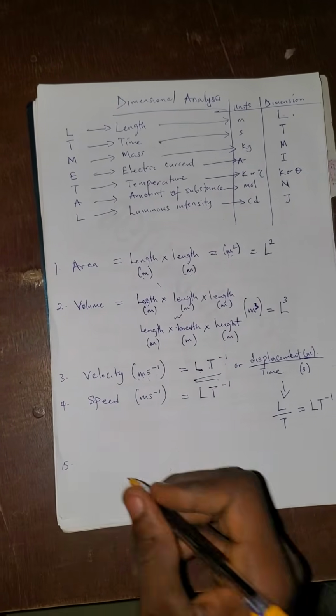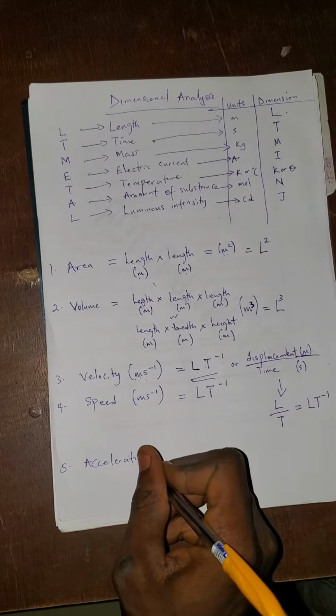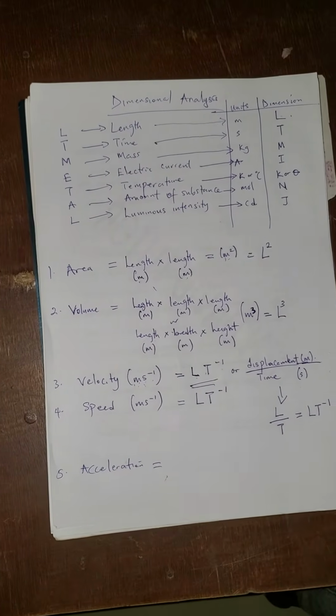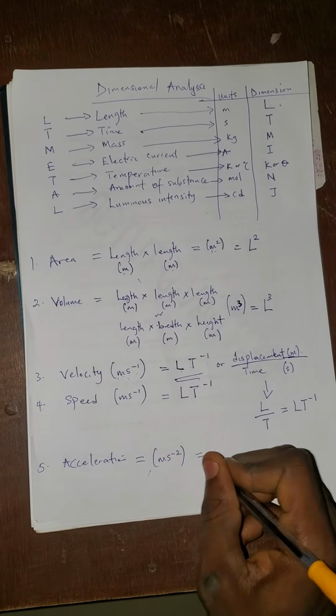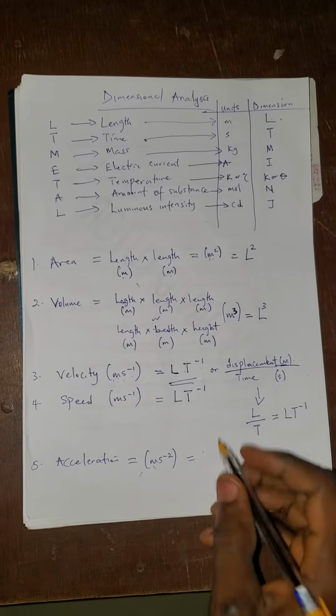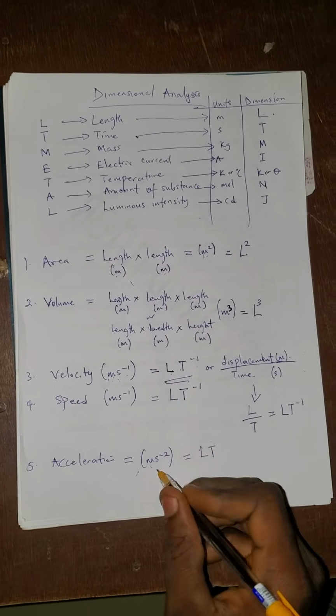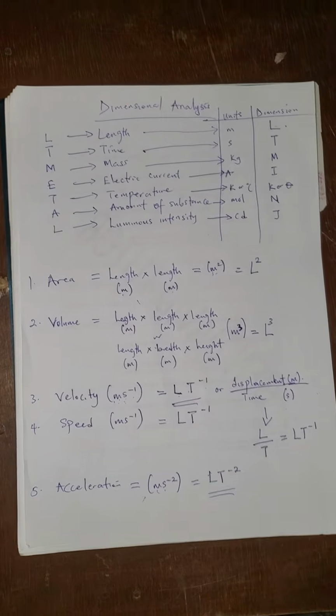Number 5. If you are asked to find the dimension for acceleration, don't forget that acceleration is meter per second square. Because the unit for acceleration is meter per second square, the dimension for meter is L, the dimension for seconds is T, then raised to power minus 2.